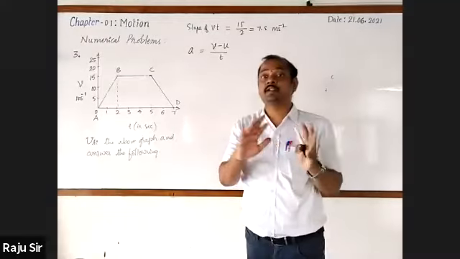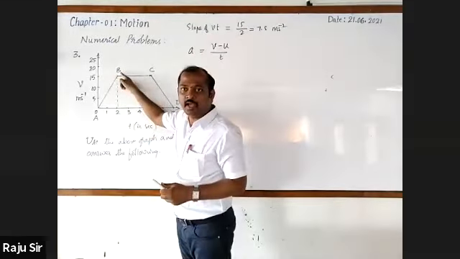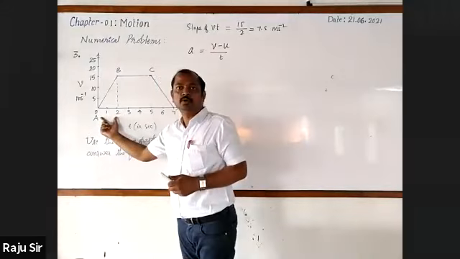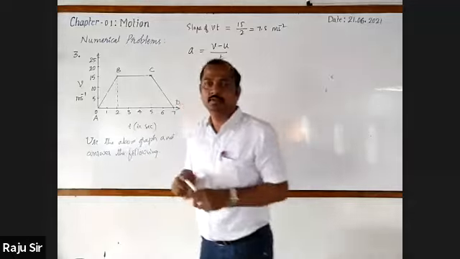Is 7.5 meter per second square the acceleration of the whole graph? It is not the acceleration of the whole graph. It is the acceleration from A to B, the acceleration up to 2 seconds. Got it? Okay, sir.